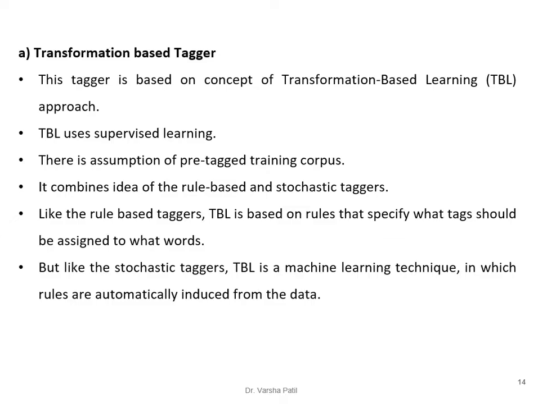Like the rule-based taggers, TBL is based on rules that specify what tags should be assigned to particular words. But like the stochastic taggers, TBL is a machine learning technique in which rules are automatically induced from the data. When we see the example, you will come to know these last two points. Initially it acts as a rule-based tagger, and after that it learns the particular pattern.